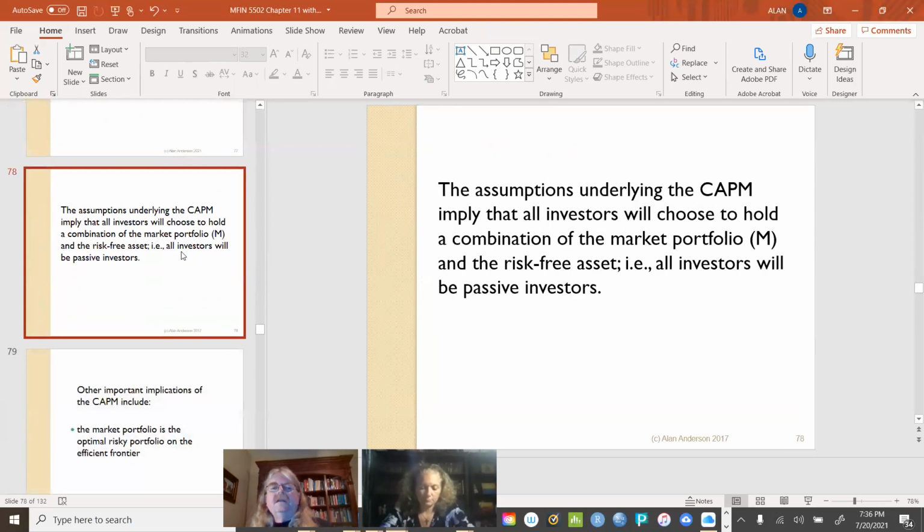Now, the assumptions of the CAPM give us some very interesting results. Based on these assumptions, the implication is that all investors will choose to do the following.